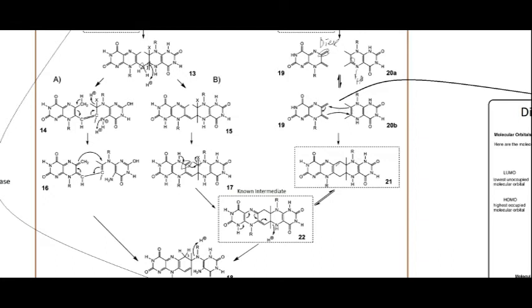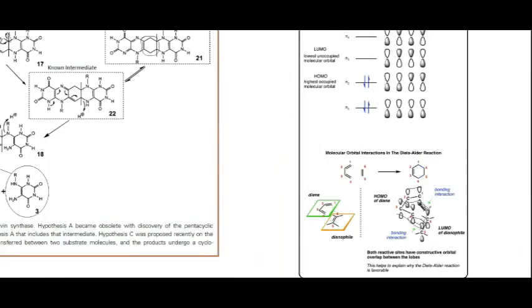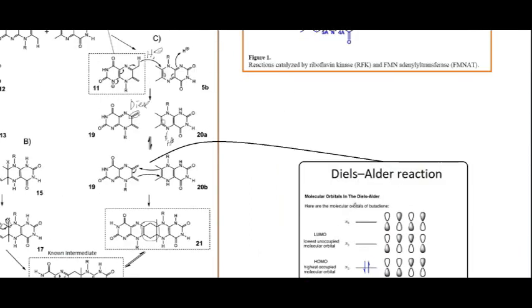And so we end up with this ring structure here, which has that single double bond, and then that can also generate our known intermediate here. So this B pathway here and this C pathway here are the two proposed mechanisms for the riboflavin synthase.